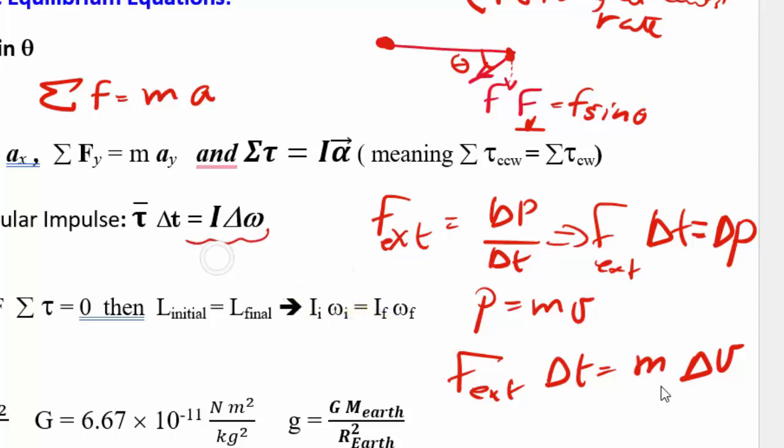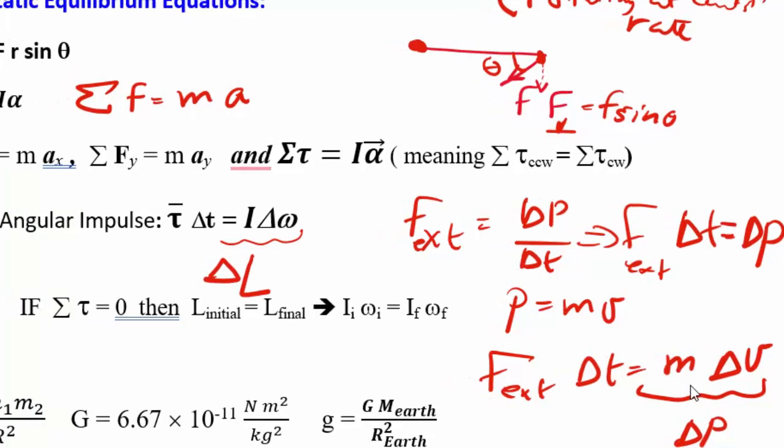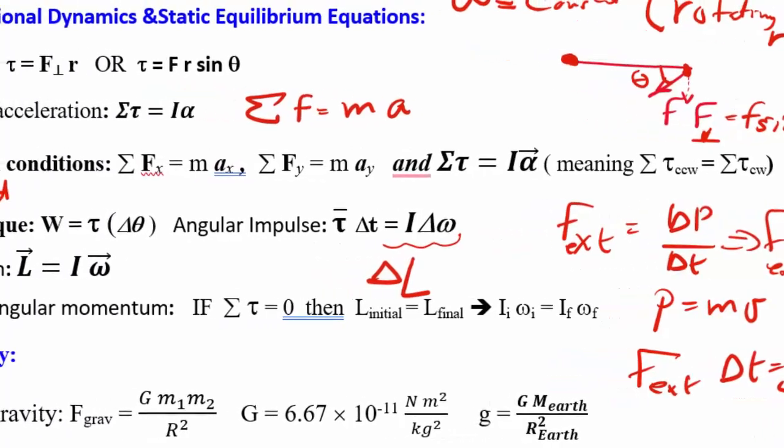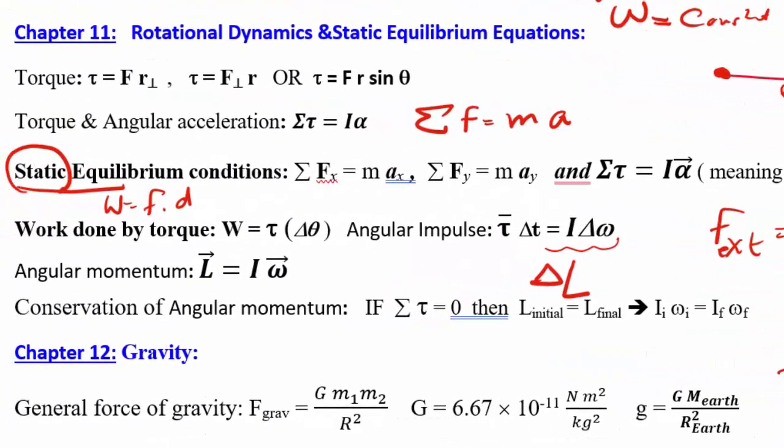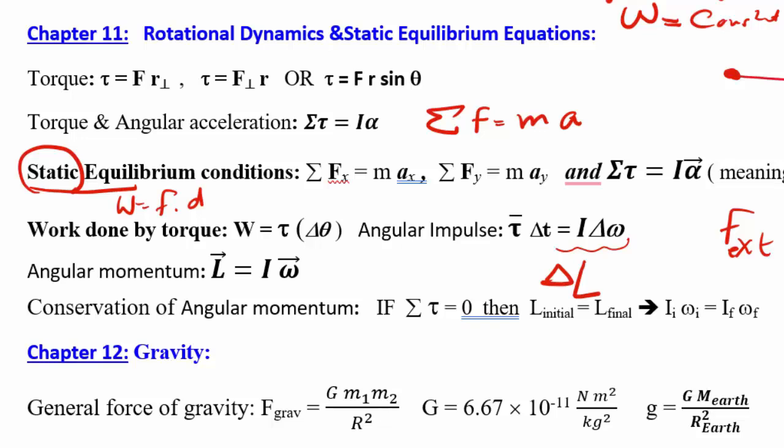This term here represents the change in the angular momentum, because this one here represents the change in the linear momentum. This one here represents the change in the angular momentum, and we call the angular momentum L. So this is the change in L, where L is the angular momentum. And hence we can define the angular momentum as I times omega, the same way the linear momentum is mv.